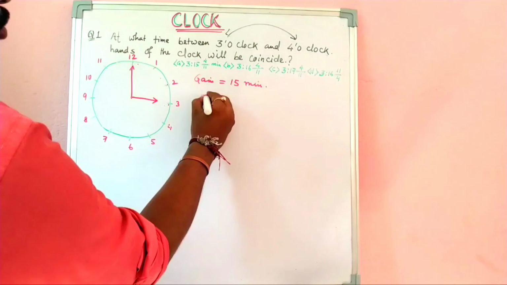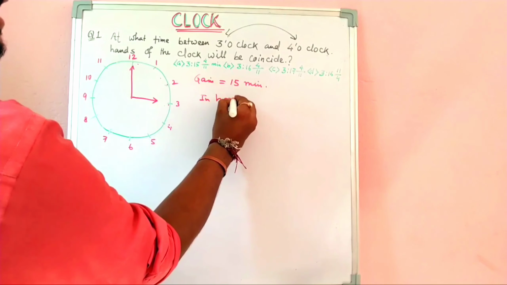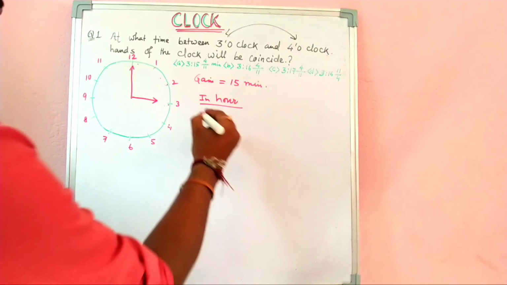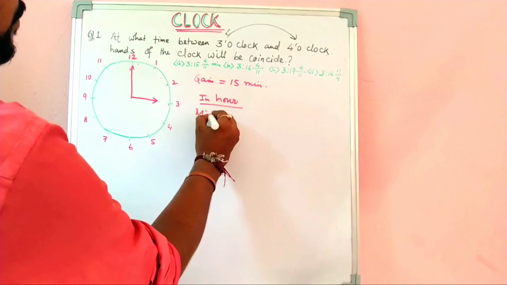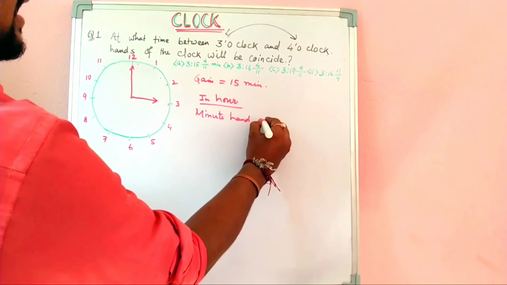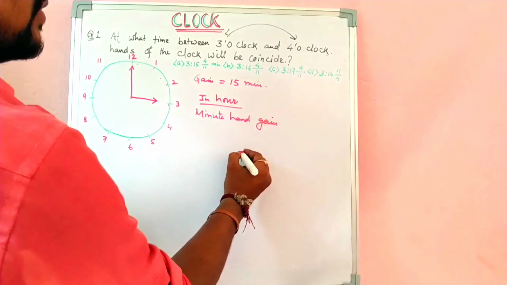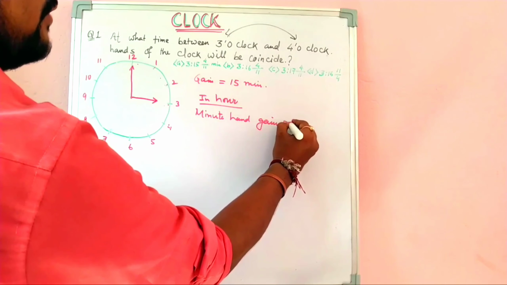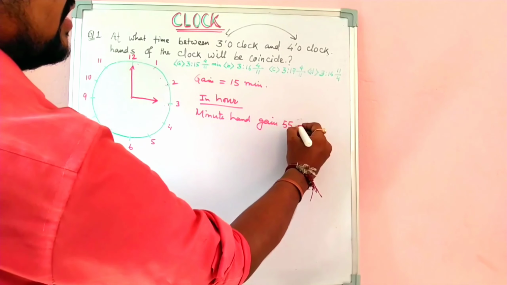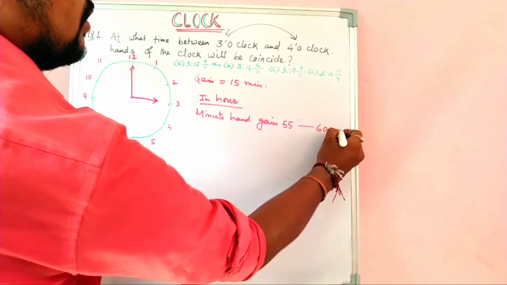Okay, now next, 1 hour. Once again I am telling you, in 1 hour, how much does the minute hand gain? 55 gain in 60 minutes, right?